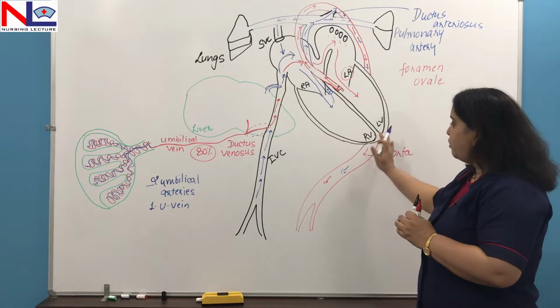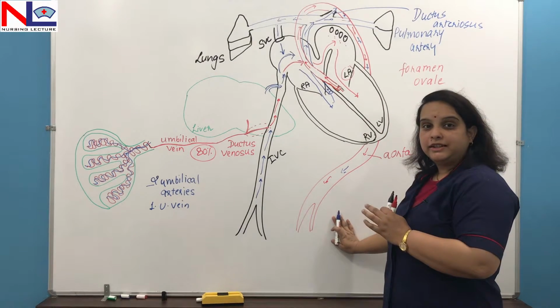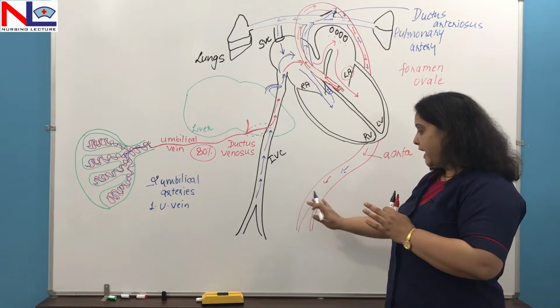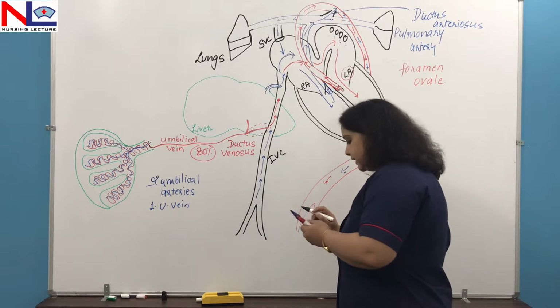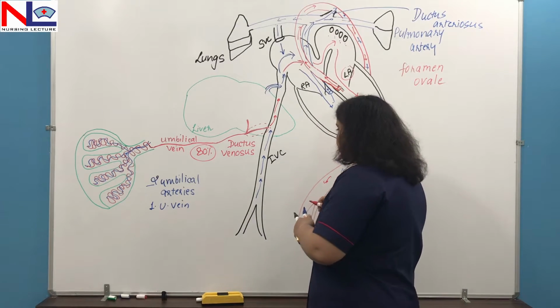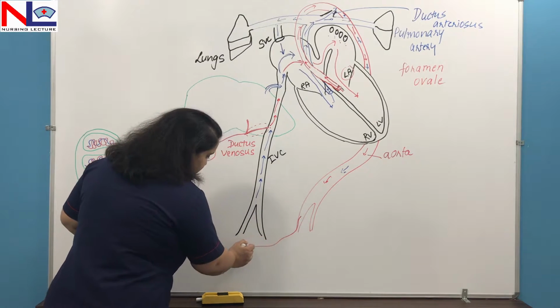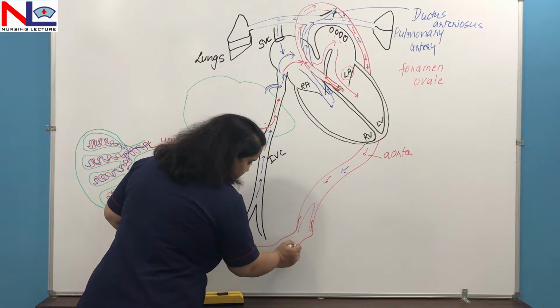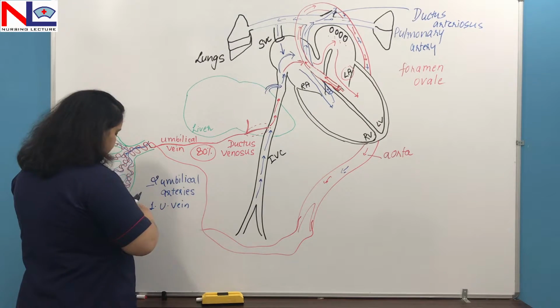From there, once it reaches the lower portion, it reaches the iliac arteries, and when it reaches the internal iliac arteries, these internal iliac branches, or the hypogastric arteries, connect with the two umbilical arteries.